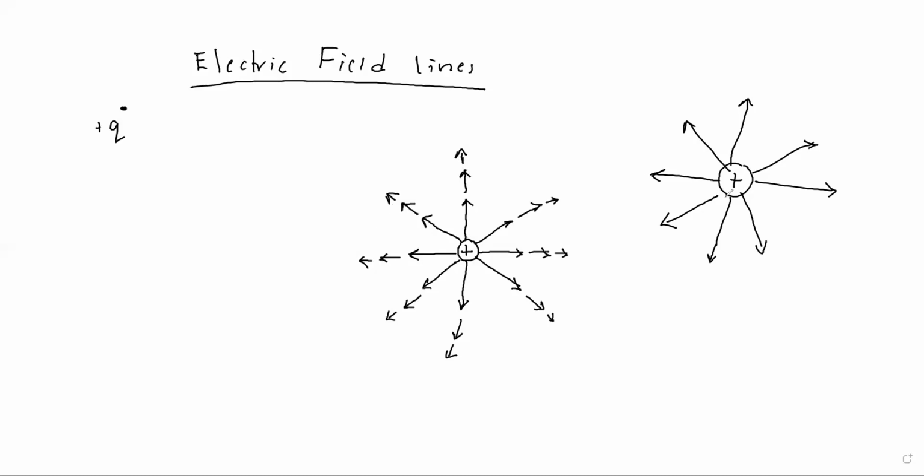But now if I consider this diagram, let me erase the screen, I'll draw it in the middle. We have an electric charge over here which is positively charged, and the electric field lines, the length is the same.